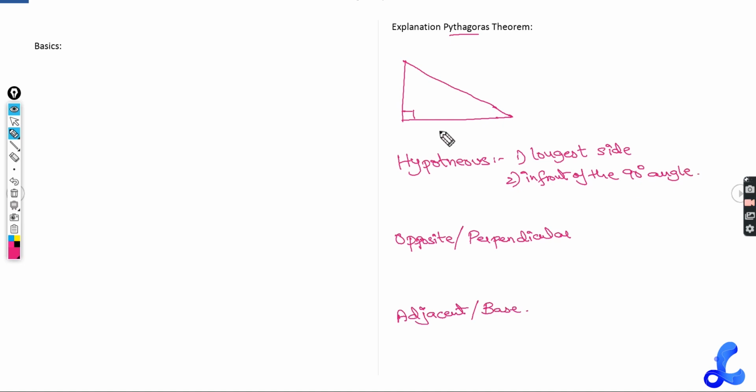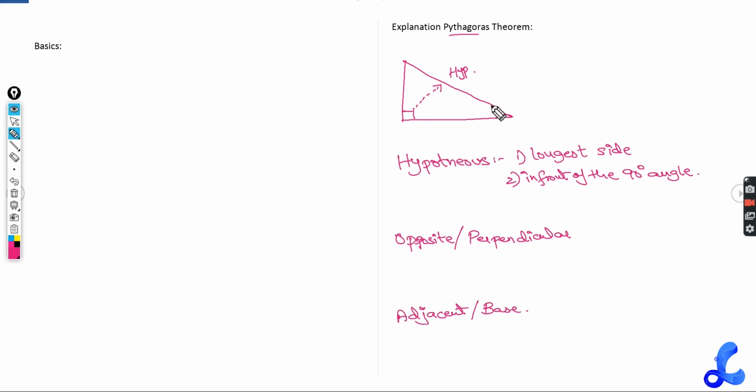So hypotenuse will always be the longest side, and it would be right in front of the 90-degree angle. So if you see over here, this side seems to be the longest, right? So this side is the longest. This would be your hypotenuse, and also it is right in front of the 90-degree angle. So this would be your hypotenuse.